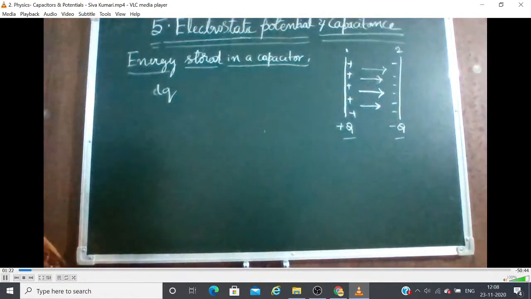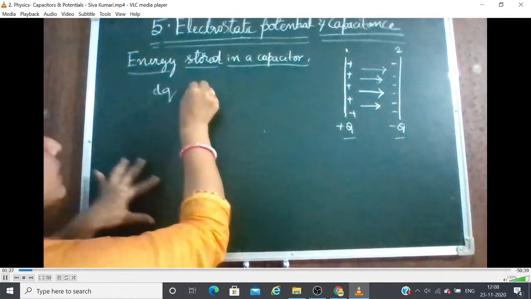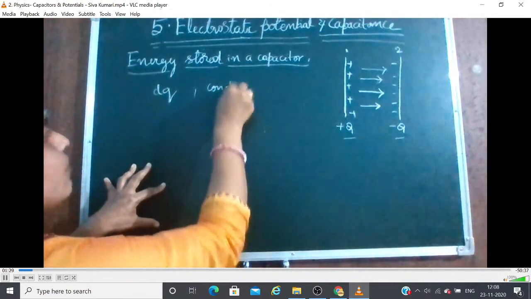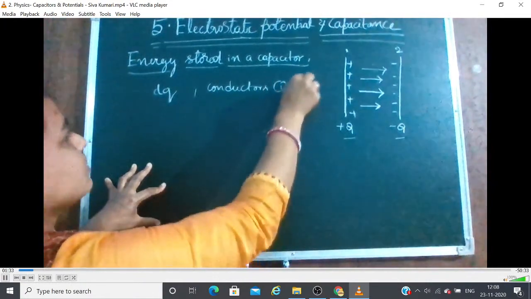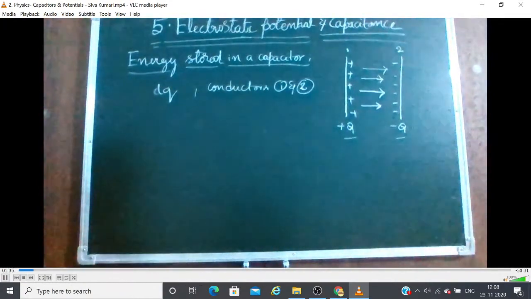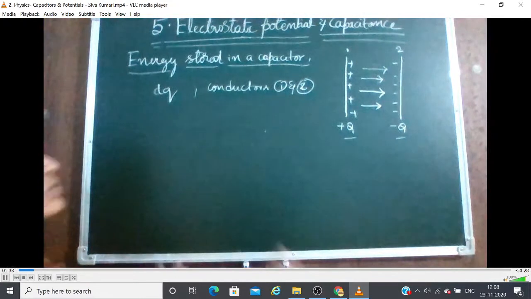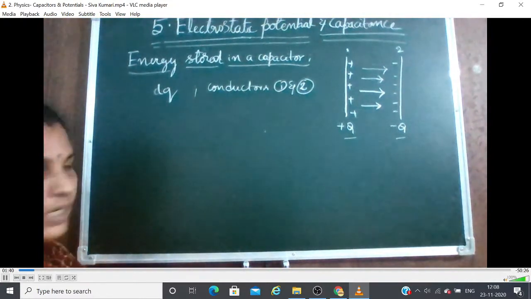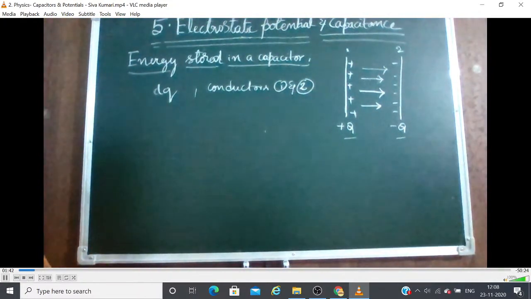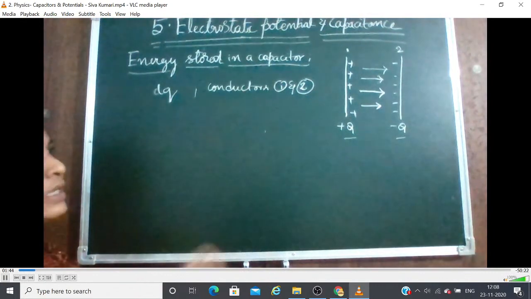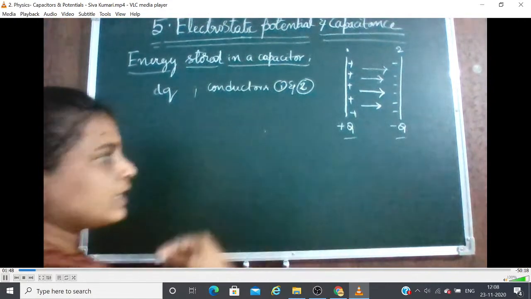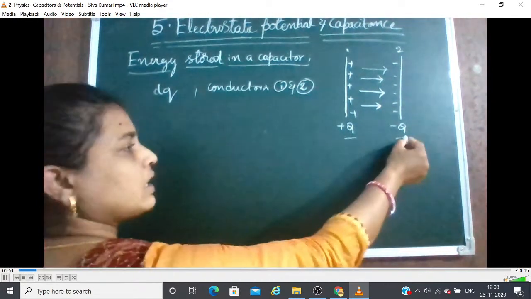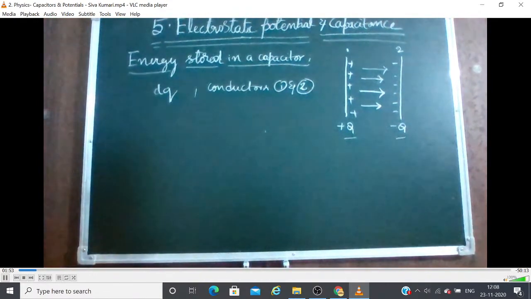We have considered conductors 1 and 2. So positive charge is transferred from the second conductor to the first conductor. Then the first conductor will be at a higher potential and the second conductor at a lower potential.